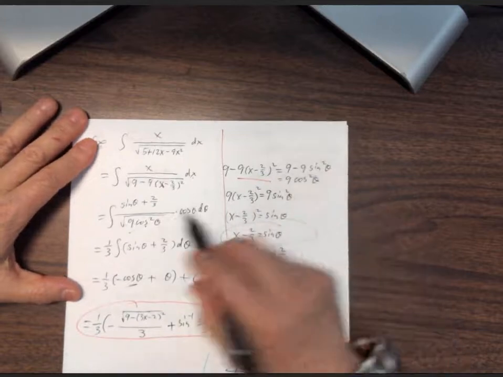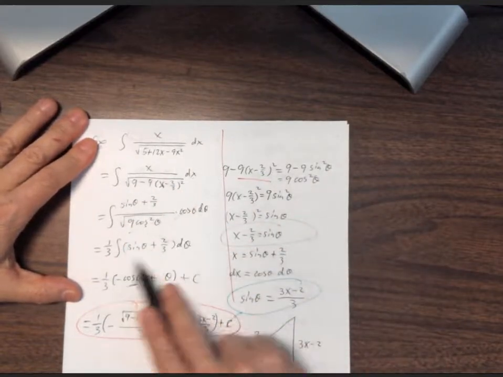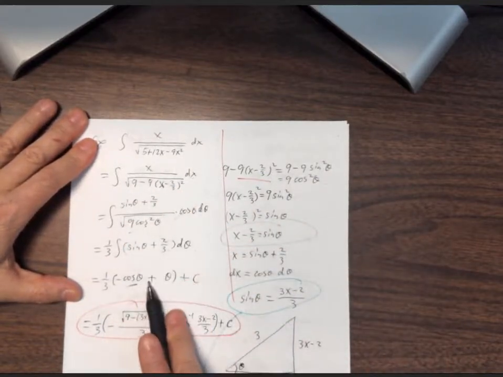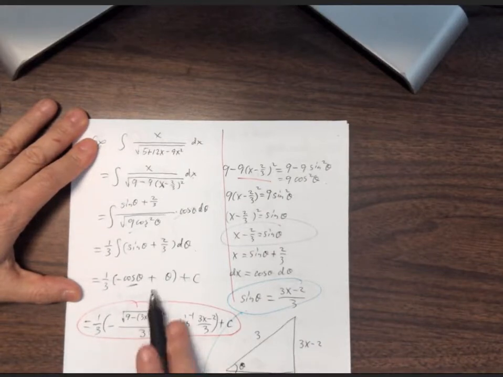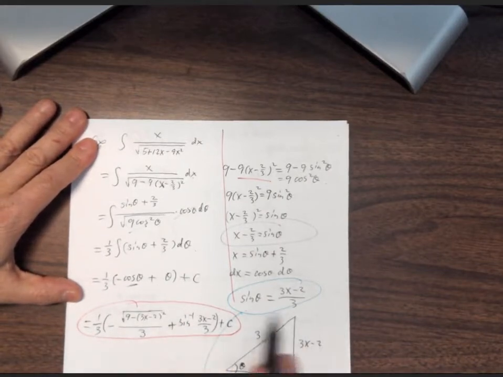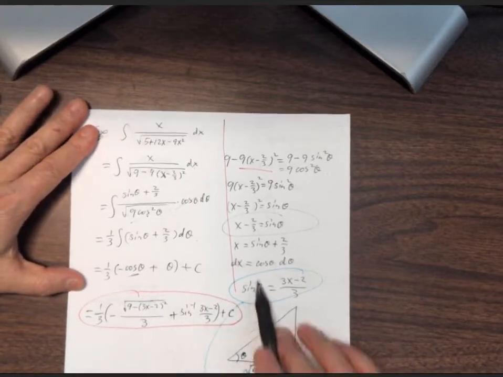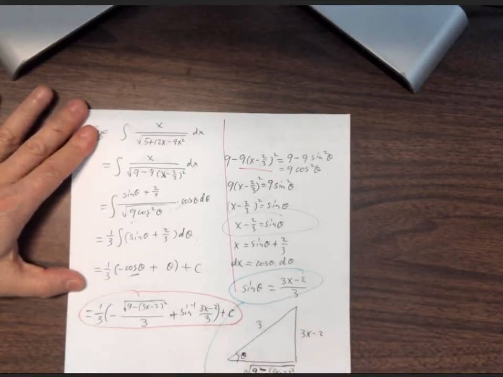With the trig substitution, you turn this into a trig integral. Evaluate the trig integral, then get the x back, relying on some right triangle, and in this example, the substitution itself too.